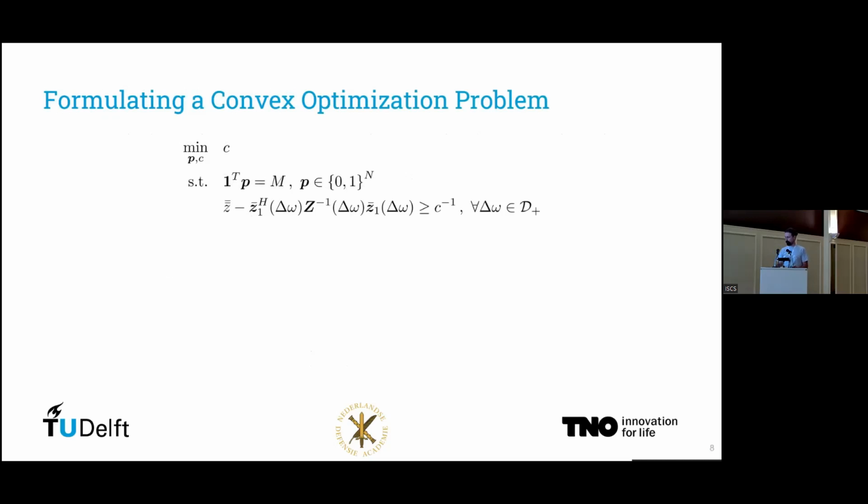But we would still have this continuous set of delta omegas that we would have to evaluate over, which is not necessarily attractive either. So what we propose is to define a set of angle differences, D plus, so positive angle differences. This is a uniform sampling of possible angle differences.